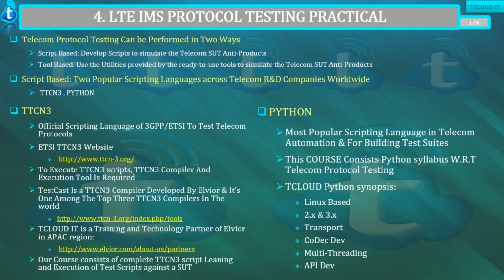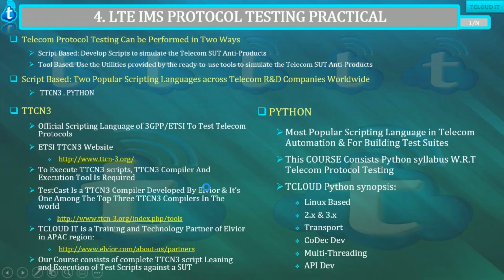They have standardized it. This 3GPP is the continuing body for the ETSI, the old ETSI body only now converted into 3GPP. So these guys have told that the mobile equipment protocol testing must be done by using TTCN3. There is no choice we are giving related to that.